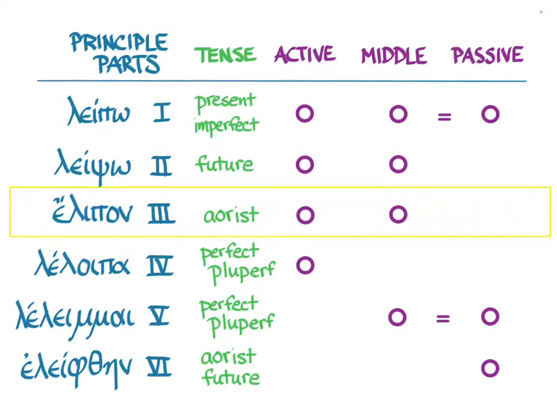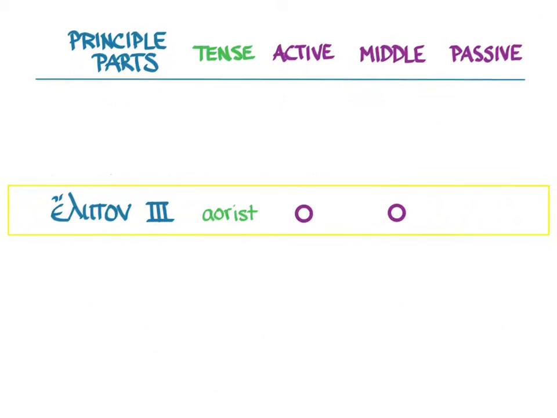So what we're going to do in this rather long video is to teach you how to express the aorist, active and middle, of lepo and other verbs like them with second aorists. So that means we're going to have to do everything that the third principal part does.